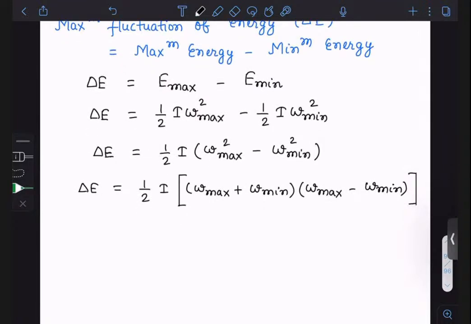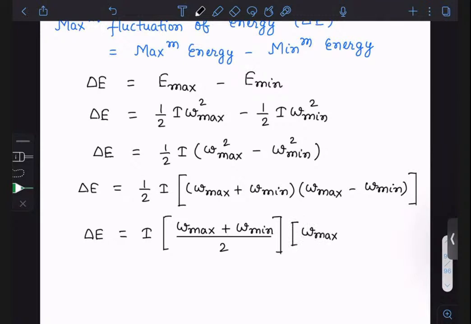See, this we can write delta E is equal to half I, omega max plus omega min divided by 2, times omega max minus omega min, right?